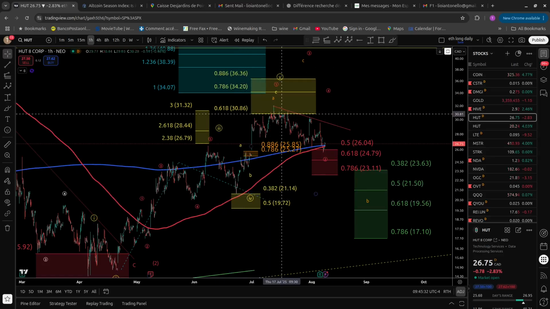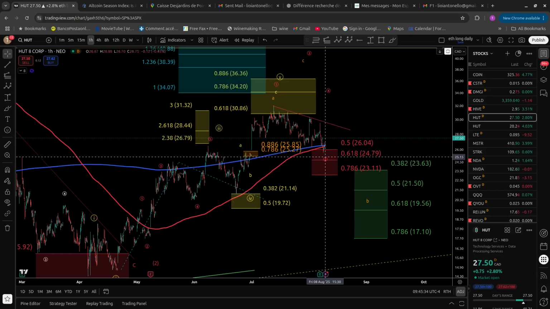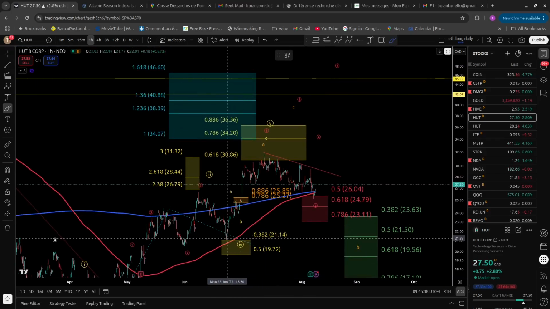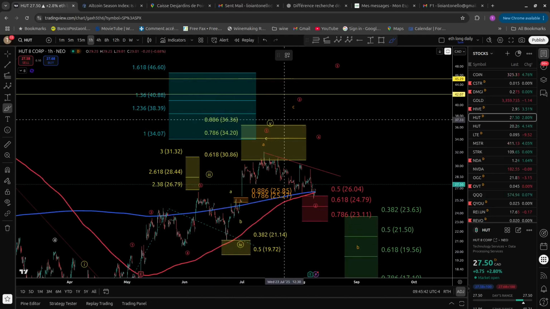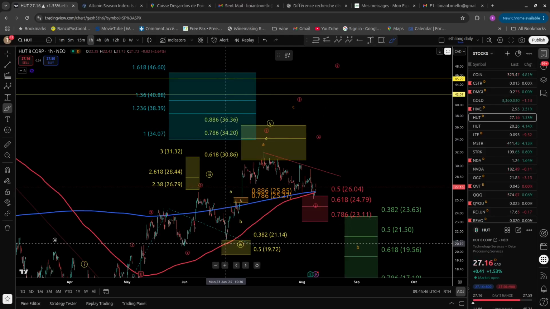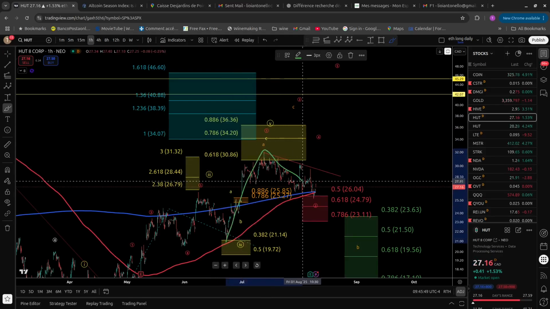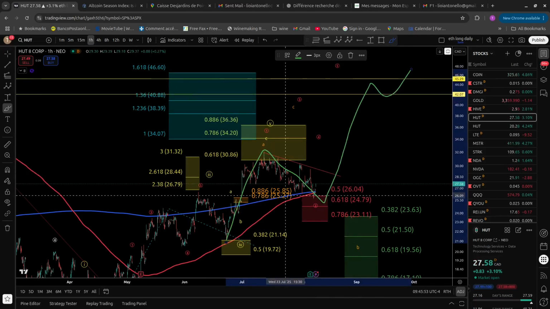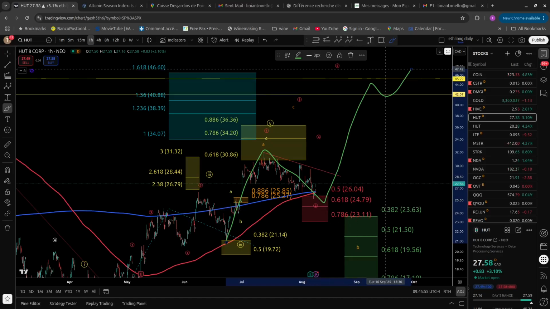Now, I did put this red count where we can make an extension, because let's remember this was a third, a fourth, and this possibly is the fifth. But we can also say that this was a 1, now we're working on a 2 and making 3, 4, 5, or just an A, B, C.